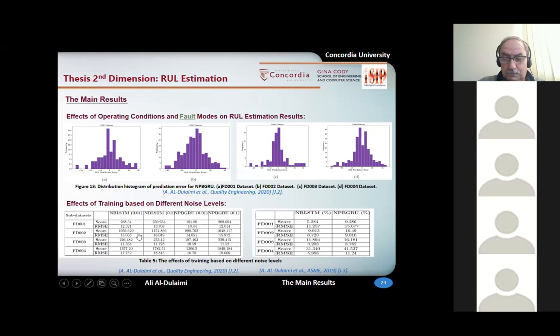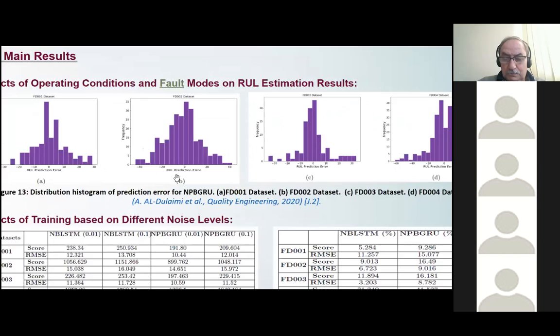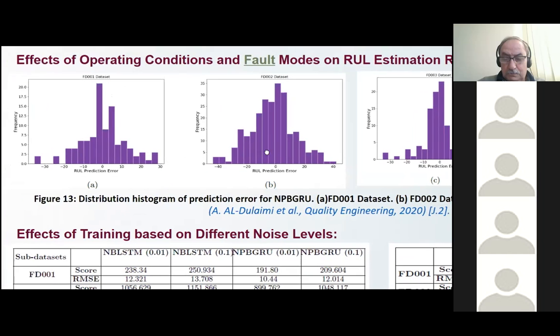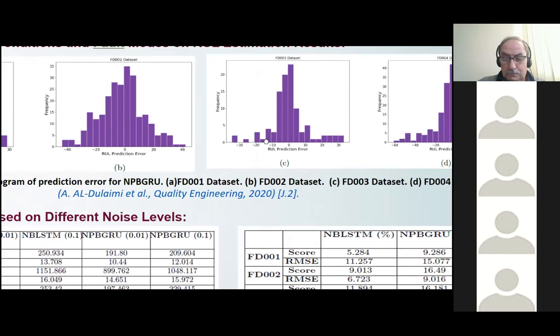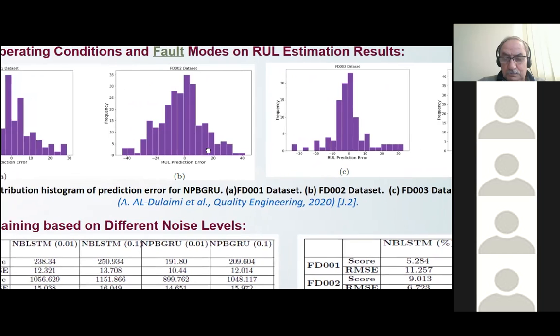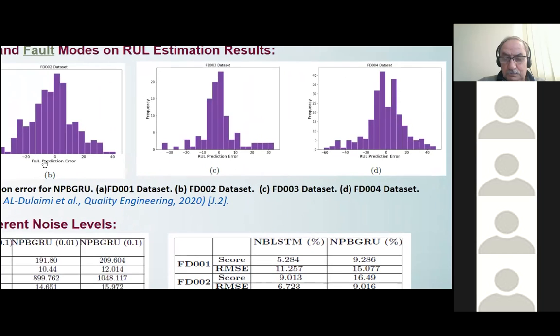In this group of the proposed models, we studied different effects on the RUL estimation results. The first effect that we studied is the effect of the operating conditions and fault modes. In these figures, you can see that in the first and the third settings, the error periods are less than the error periods in the second and the fourth one.